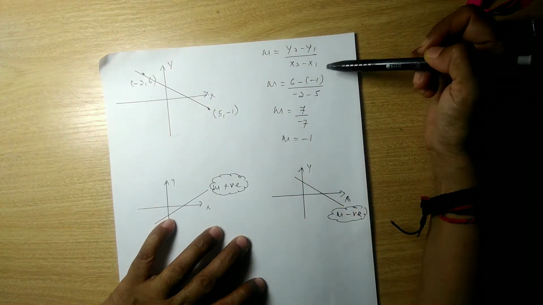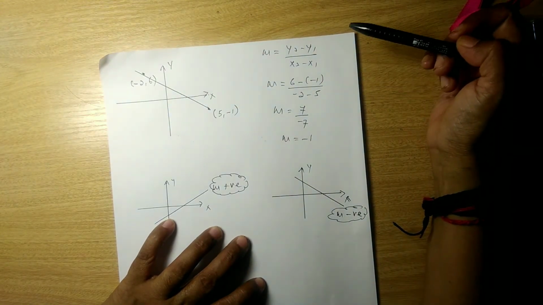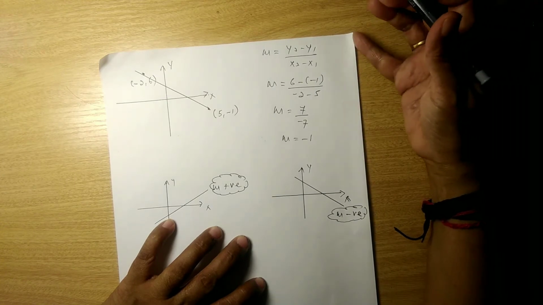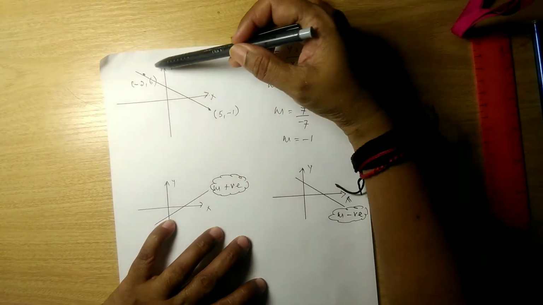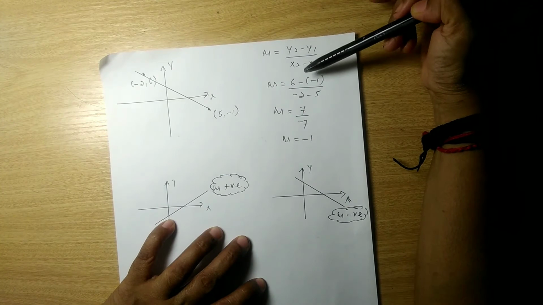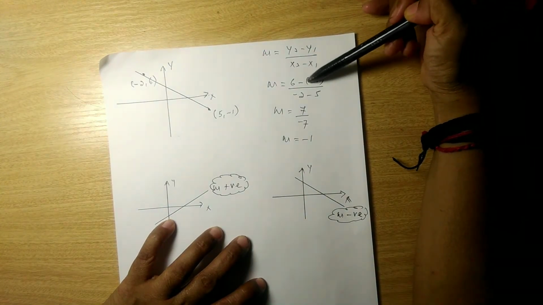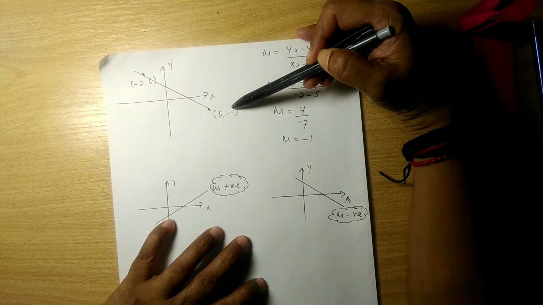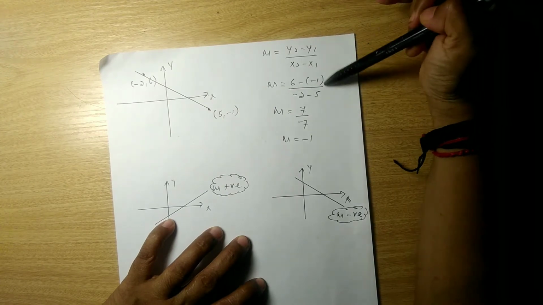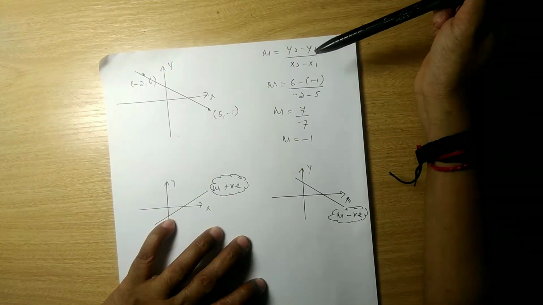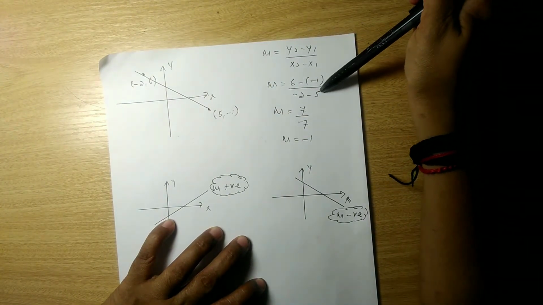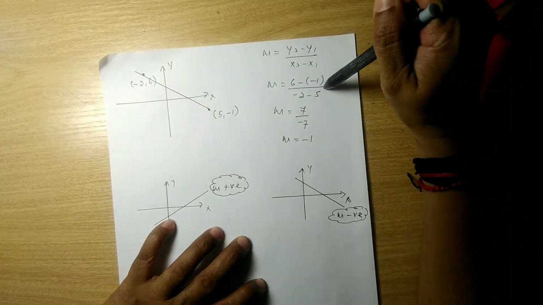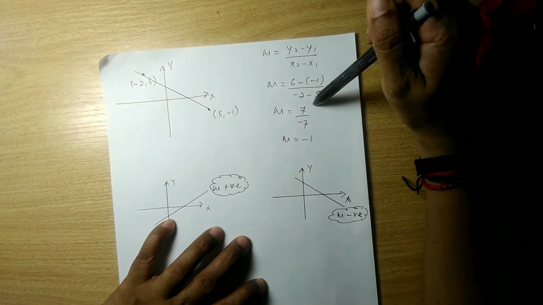So here it will be 6 minus, the formula is minus, so minus bracket -1, this -1 is from here, over -2 minus 5. So we get 7 over -7, which is -1.